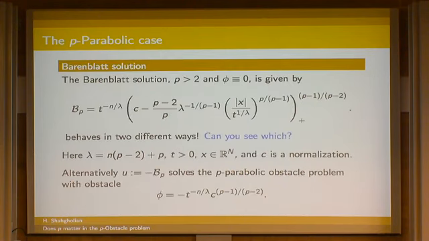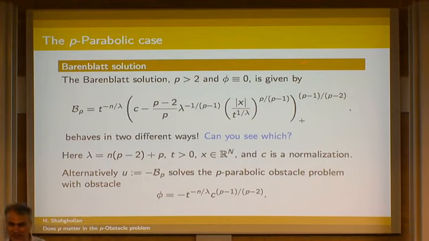My question here is, there are two different behaviors. The next one, if you look at the function minus b p, the picture is something like this. It goes to infinity here, like this, and then it goes to 0 and flattens out. And here, exactly when x is 0, you have another behavior, because at x equal 0, this power plays a role.